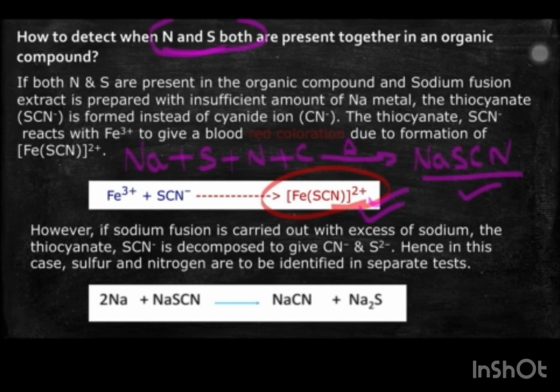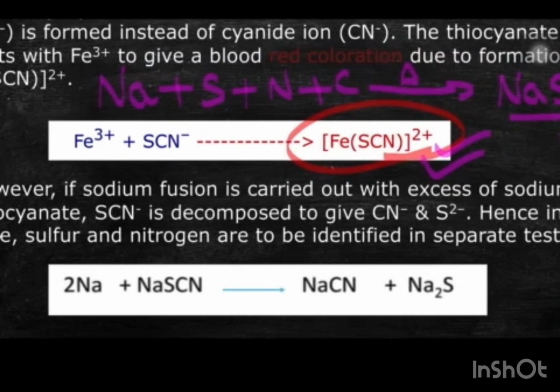But suppose you want to carry out the test in the same manner as you did earlier, that you want to test nitrogen separately and you want to test sulfur separately. For that also there is an option. You take the sodium fusion extract in which this is present, and you just heat it with more quantity of sodium carefully, carry out the fusion with sodium again, and this can be separated to NaCN and Na2S.